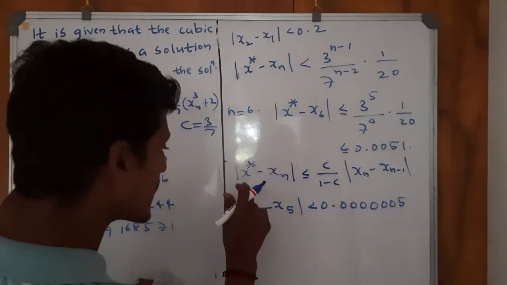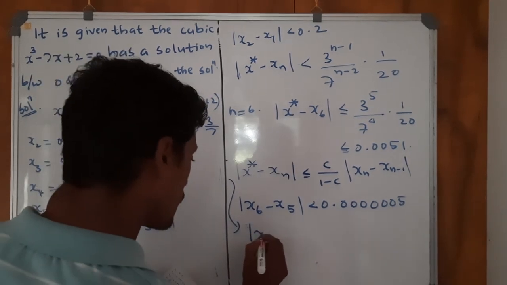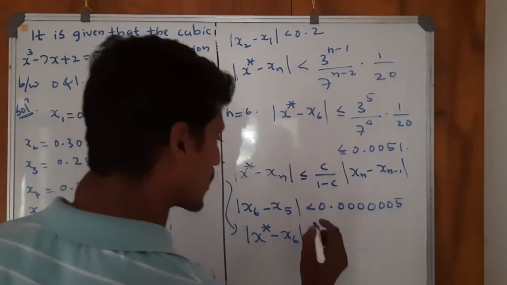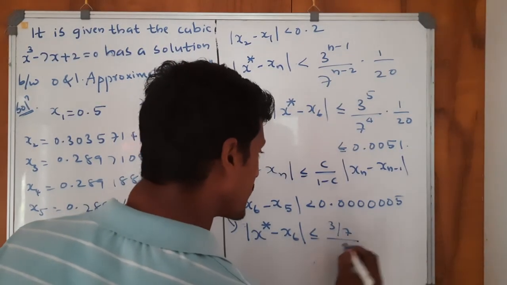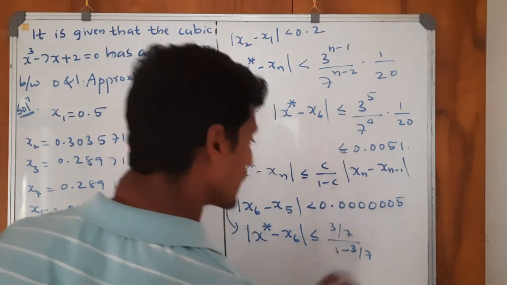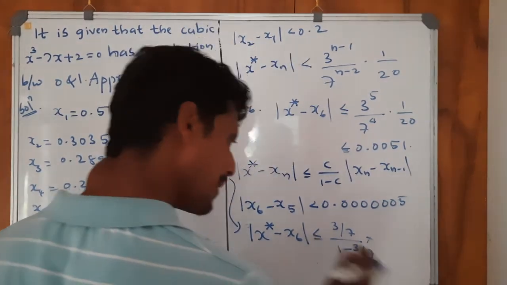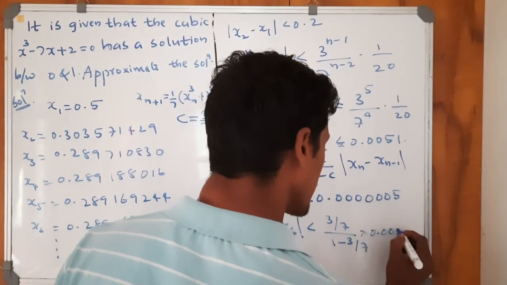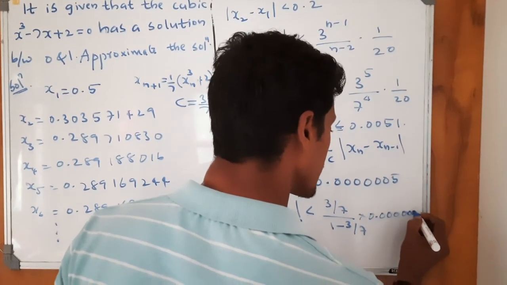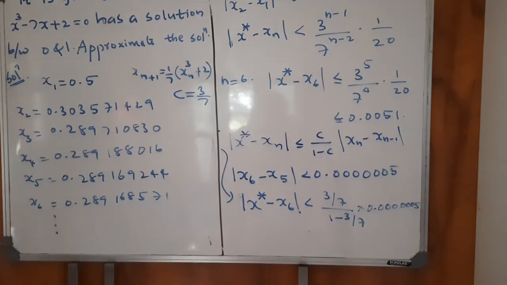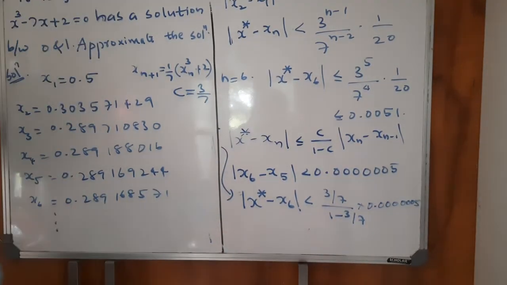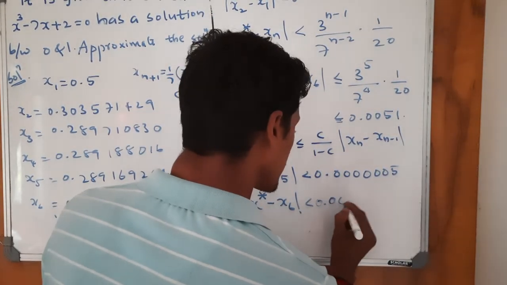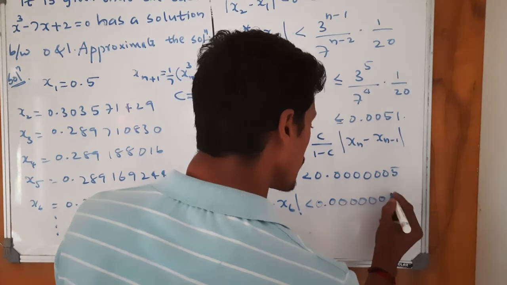So using this, I have modulus of x star minus x6 is less than or equal to 3 by 7 divided by 1 minus 3 by 7 into, of course, less than 0.000005. Okay, so this is less than 0.000004.